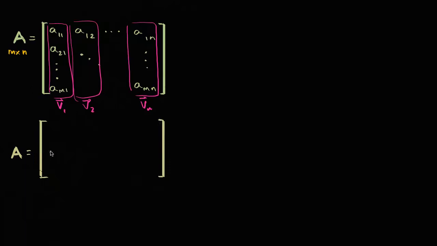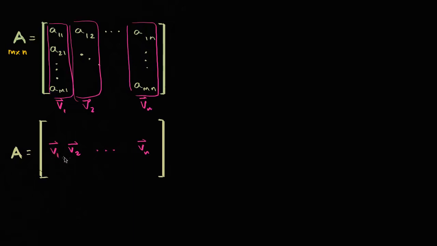So this is going to be v1 for that column, v2 for this column, all the way to vn for the nth column. And remember, each of these has m components. These are m-dimensional column vectors.